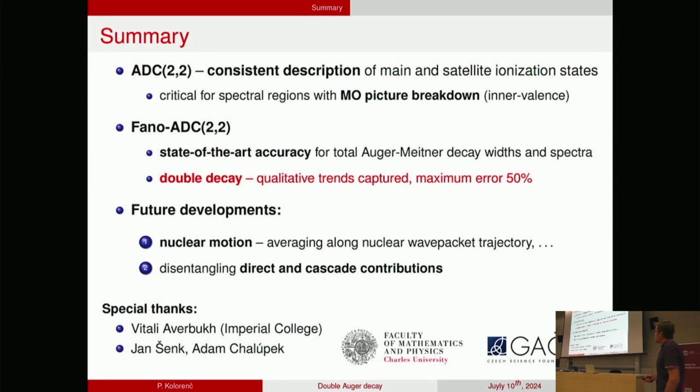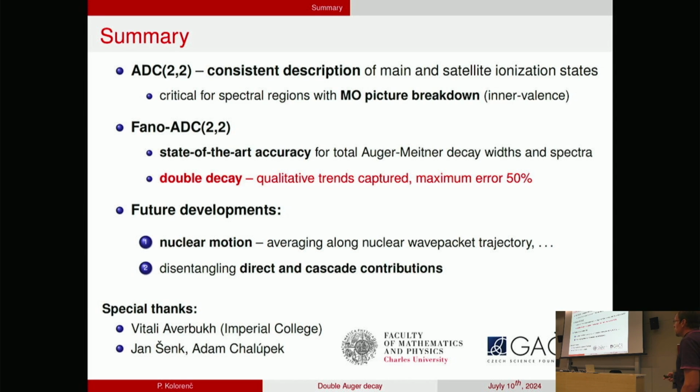So to conclude, I think the two main messages are that the ADC 2,2 scheme is very valuable by itself because of the consistent description of the main and satellite ionization states. It's very, very useful when you want to describe ionization in spectral regions with strong molecular orbital picture breakdown, such as inner valence.